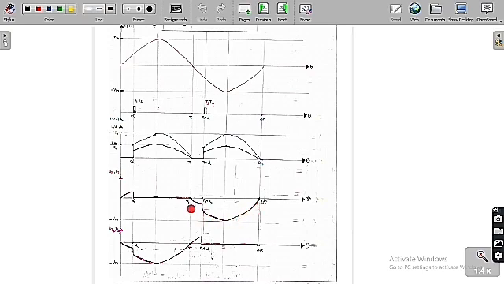From pi to pi plus alpha they face the reverse voltage in this manner, whereas from pi plus alpha to 2 pi they face a voltage equal to the supply voltage, if you apply the KVL, because at this condition both T1 and T2 are off.